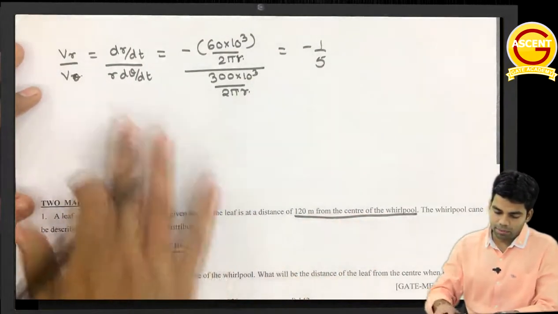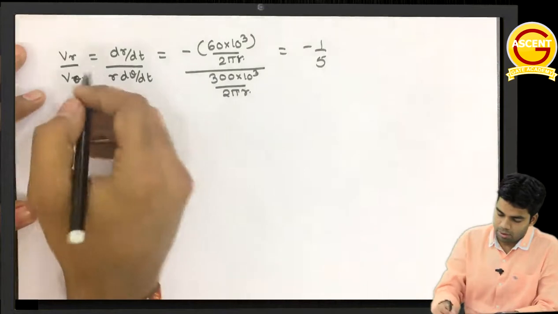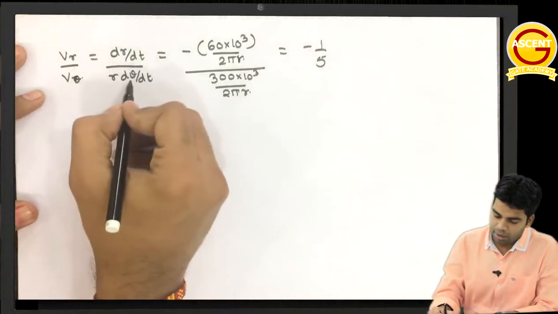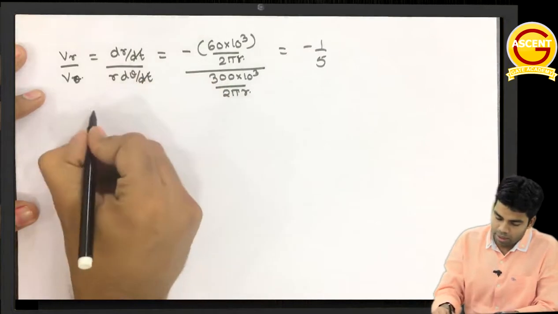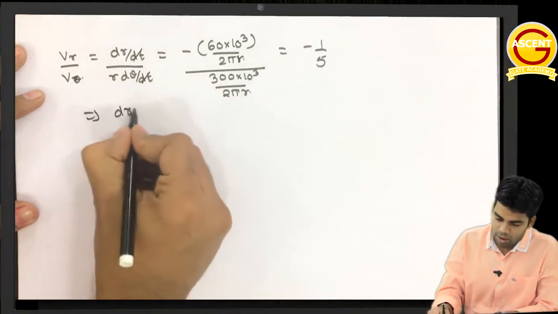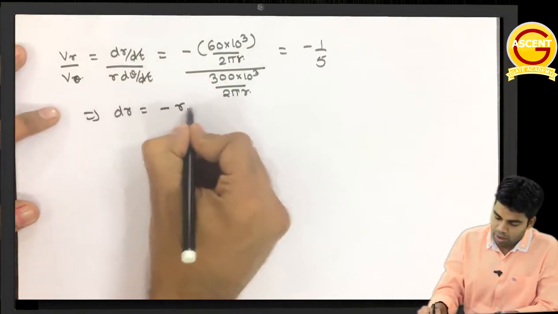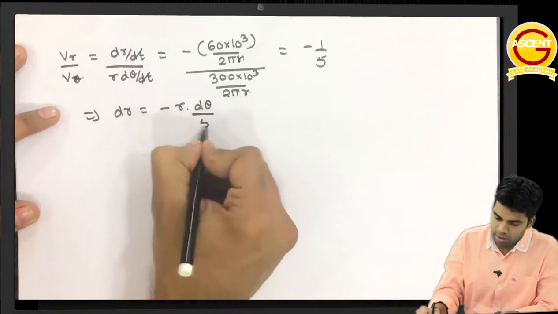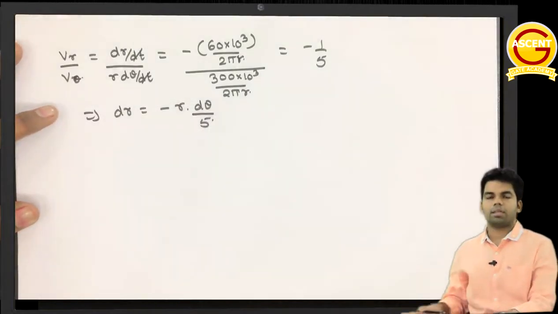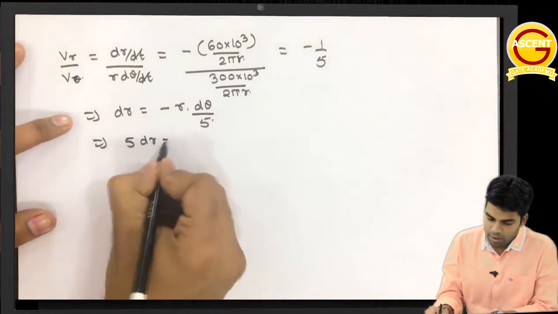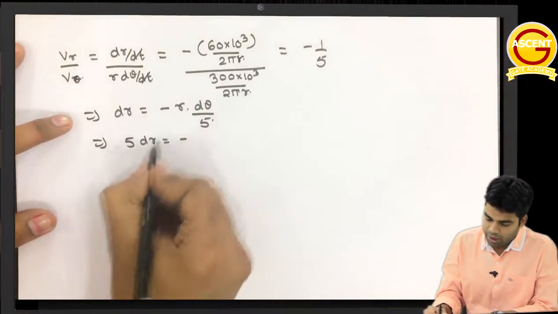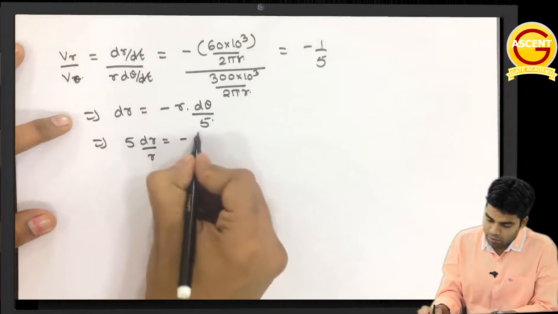So Vr by V theta is equal to dr by dt divided by r into d theta by dt. Further, dt will cancel out and we will get dr equal to minus of r into d theta by 5, or 5 dr by r is equal to minus of d theta.